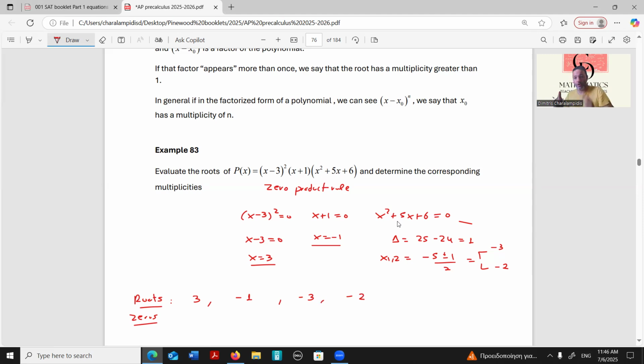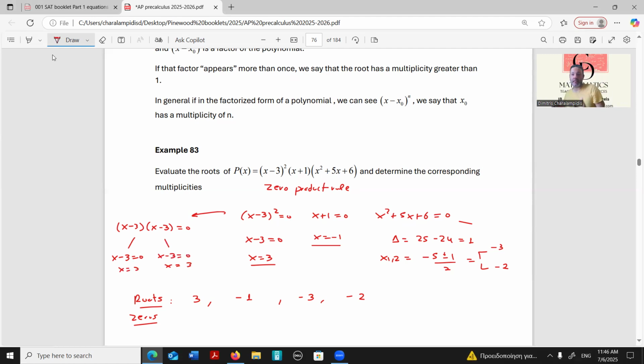But notice what we mentioned about multiplicities. The x equals 3 was actually taken from the x minus 3 squared. So x minus 3 squared itself is x minus 3 times x minus 3 equals 0. This means that either this is 0, so x equals 3, or that is 0, so x equals 3 again.